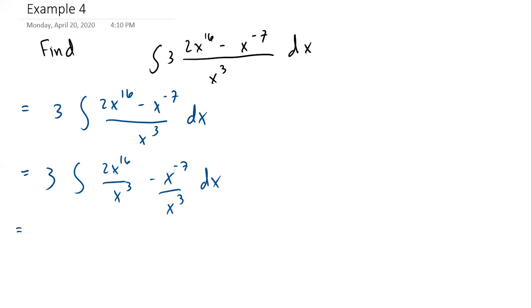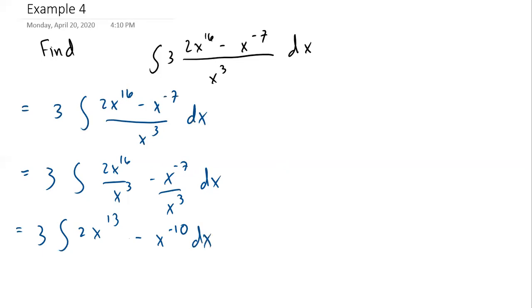We have x to the 16th on the top, 3 on the bottom, so that's x to the 13th. And here we have negative 7 on the top, 3 on the bottom. Remember, when you're dividing, you subtract exponents, so that's x to the negative 10 dx.